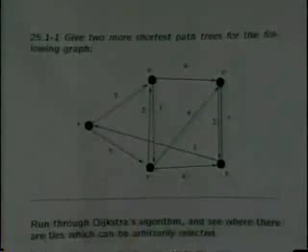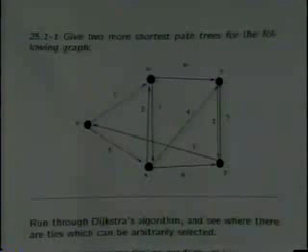The problem of the day is find two more shortest path trees, or four different shortest path trees in this graph. Now, what do we mean by shortest path tree? Notice something kind of interesting that falls out of Dijkstra's algorithm. In Dijkstra's algorithm, what do we know about every edge that we are adding to the graph?